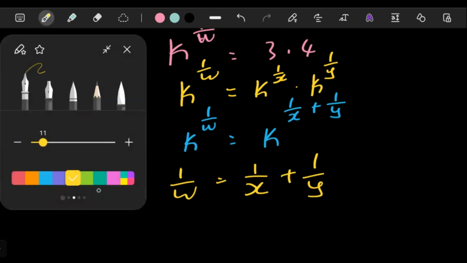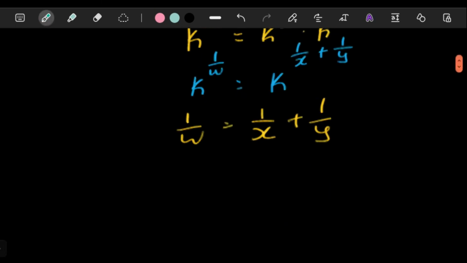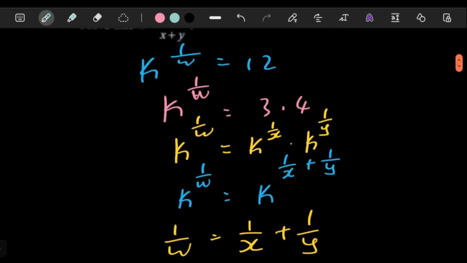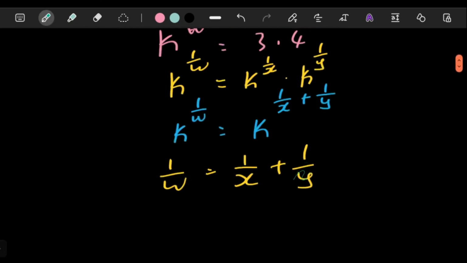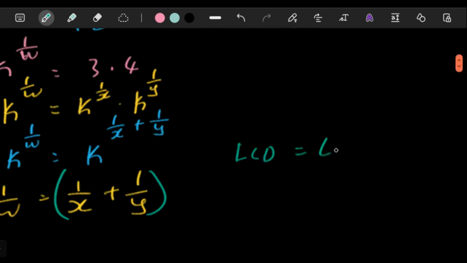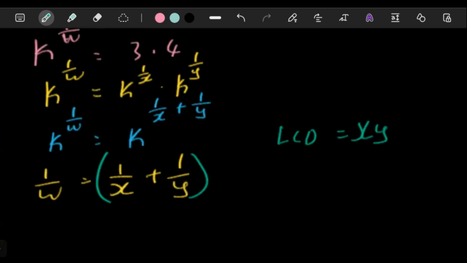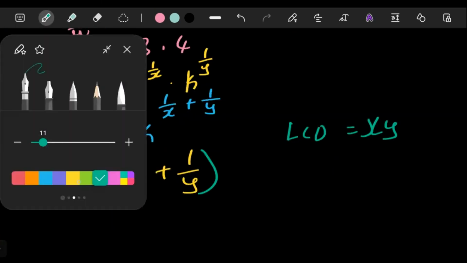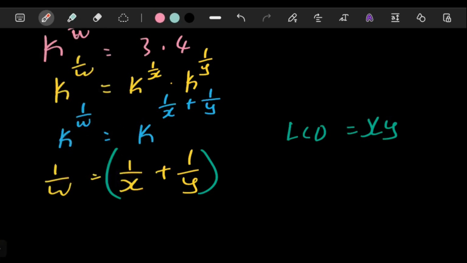Anyway, so let's see, we're going to need to solve for W, right? One way to do it is you can get an LCD and then just flip over everything. So what I mean is, you see here the LCD is technically going to be XY. So let's just move this for now, right?